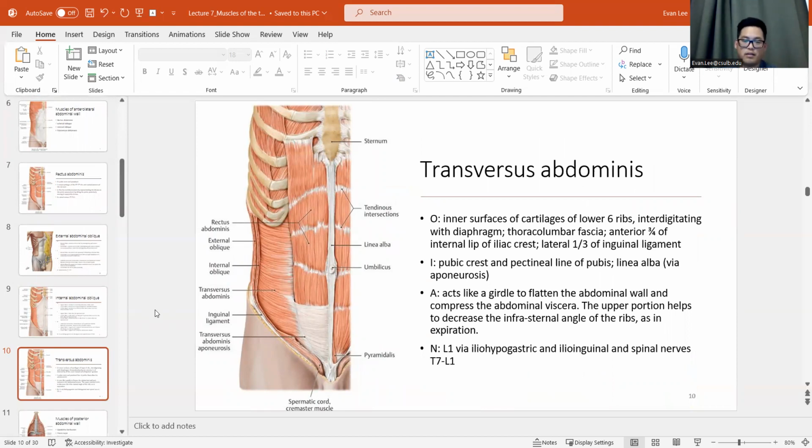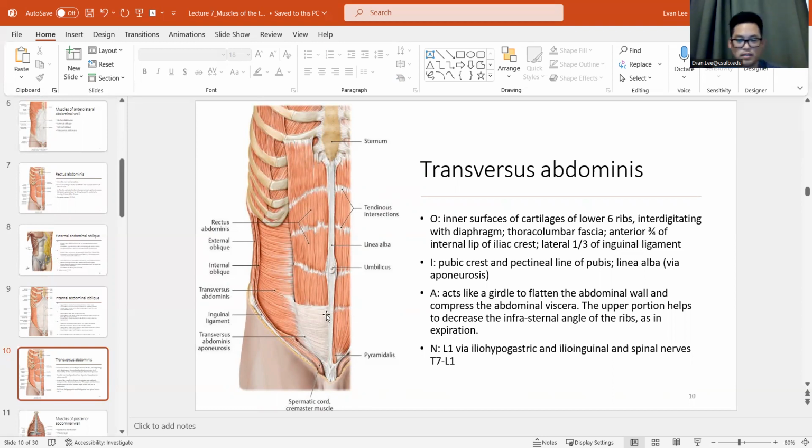It goes from the ribs over to the anterior side at the aponeurosis of the transversus abdominis. But along the pelvis, it does also connect to the pubic crest, the pectineal line, and also the linea alba.